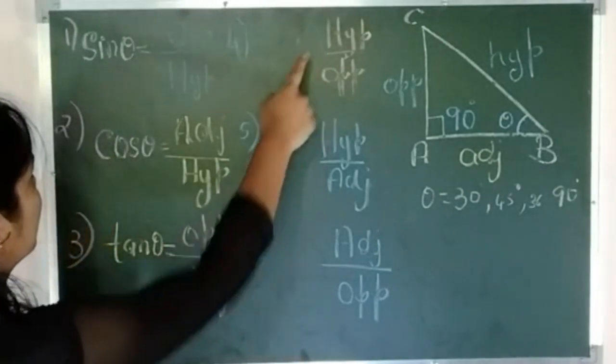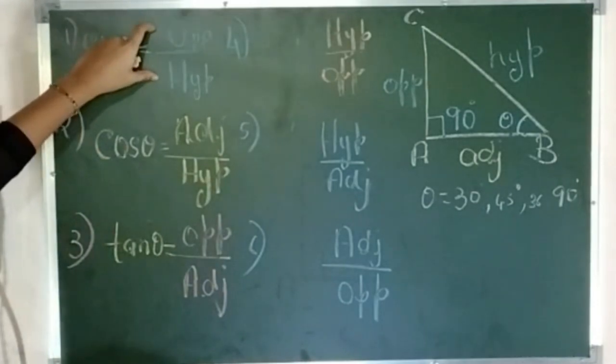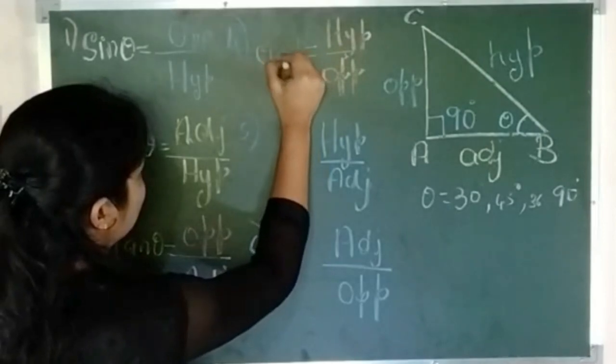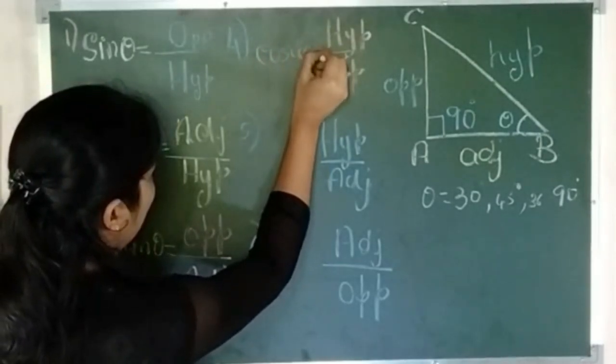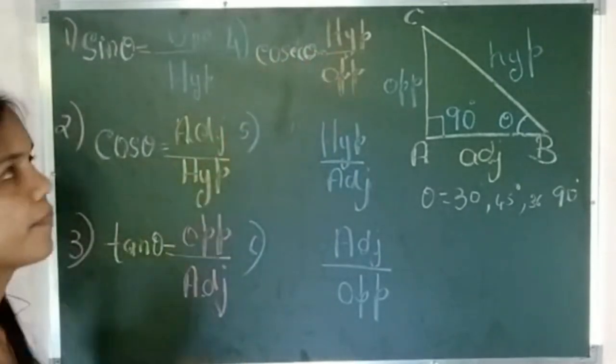Next, the fourth one, I have taken just the reciprocal of sine. This is called cosec theta, C-O-S-E-C, cosecant theta.